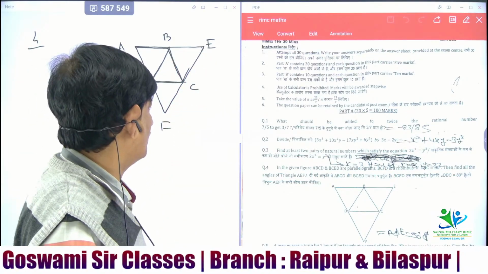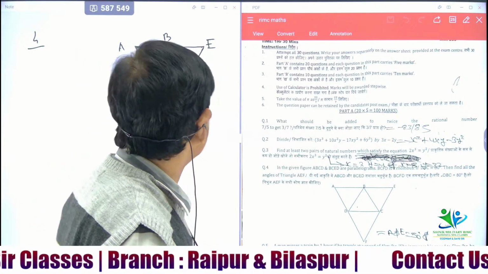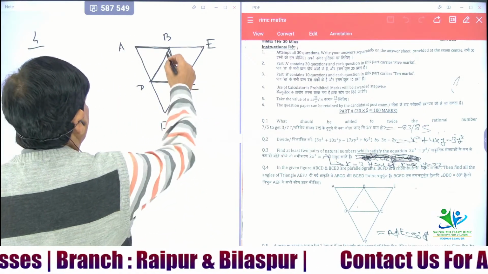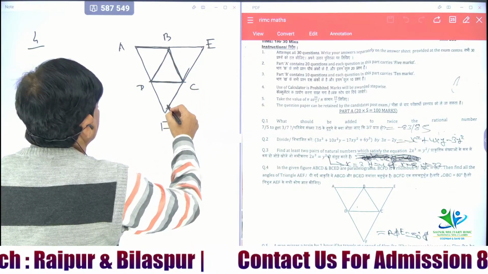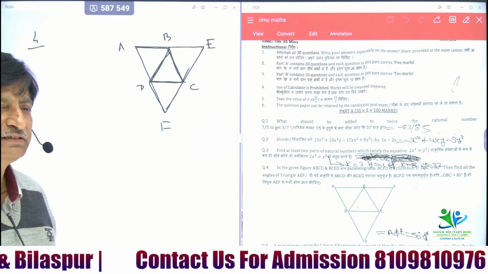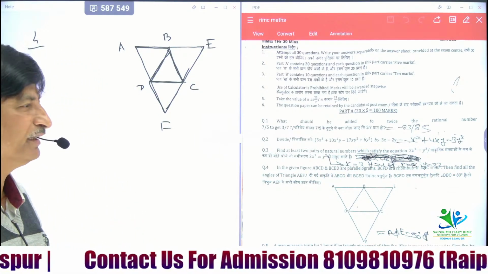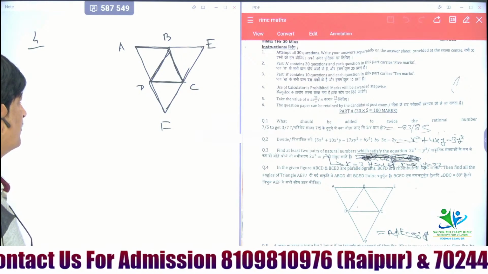And one more thing is given. BCFD is a rhombus. You know that a rhombus is also a parallelogram, but with some additional property.